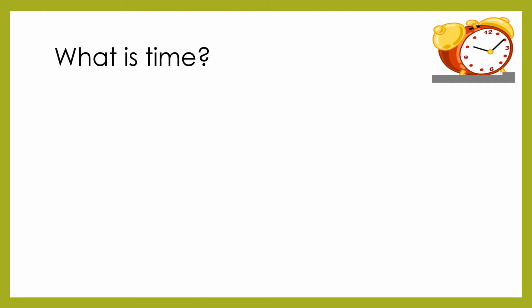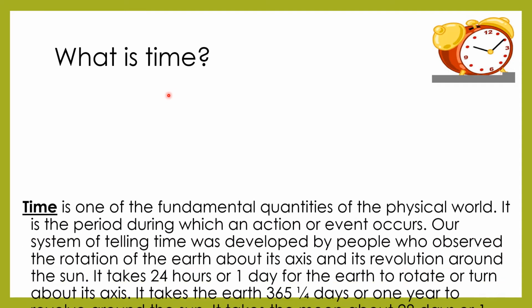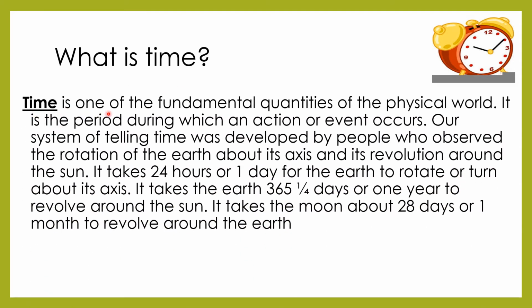Now, what is time? Time is one of the most fundamental quantities of the physical world. It is a period during which an action or event occurs. Our system of telling time was developed by people who observed the rotation of the Earth about its axis and its revolution around the Sun.